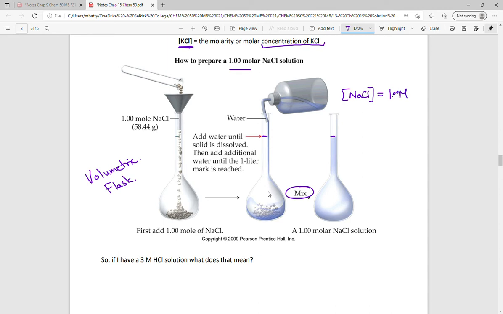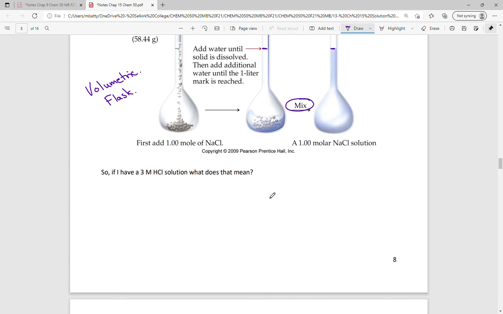And so here we have another one down here. There's basically multiple ways of saying the exact same thing, which is always frustrating when you're learning. If I say that I have a 3 molar hydrochloric acid solution, what does that mean? It means that the concentration of the hydrochloric acid is 3 molar.